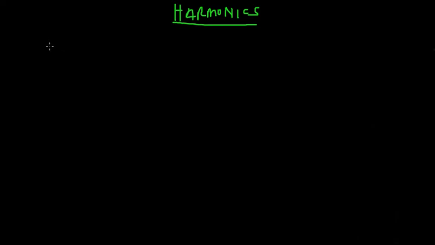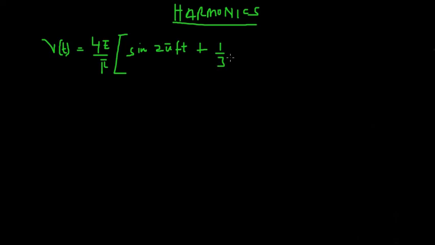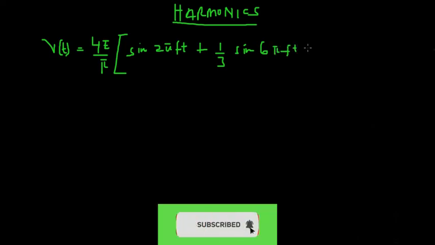Let's say we have a certain voltage in terms of time equal to 4e on pi, and then a long expression: sine of 2 pi ft, plus 1 on 3 sine of 6 pi ft, and then plus.